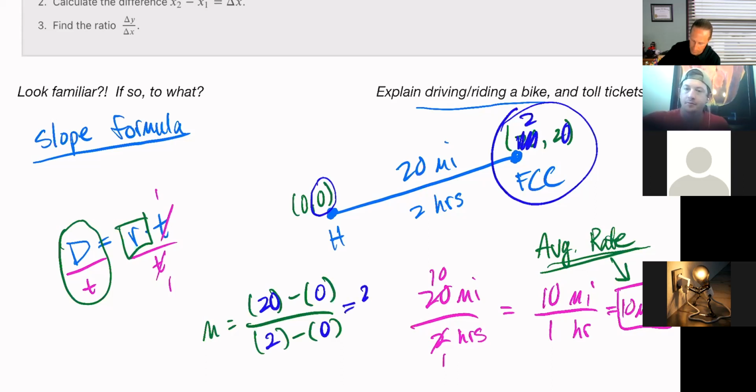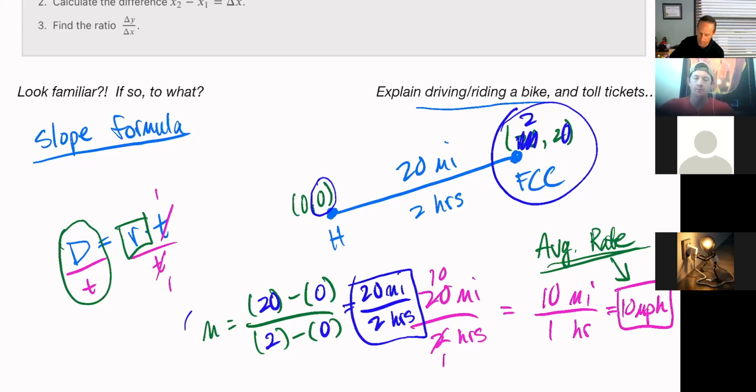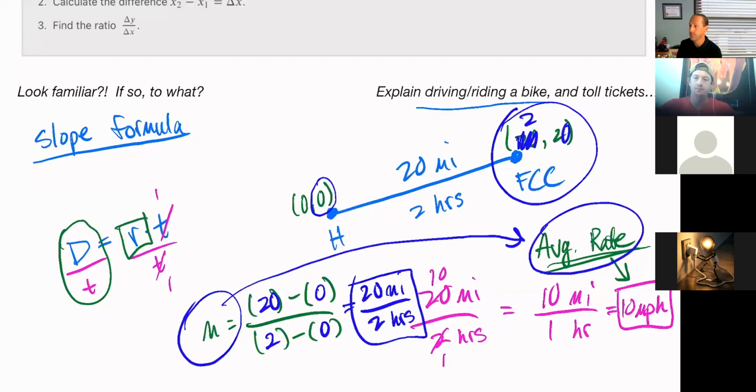So that I have my 20, which represented miles, over the 2, which was in time, hours. And you can see that the slope formula is just a rate. And you guys will expand and explore with that a whole lot more, not only in this class, a little, but a lot more so in Math 5A next semester or whenever you take it.